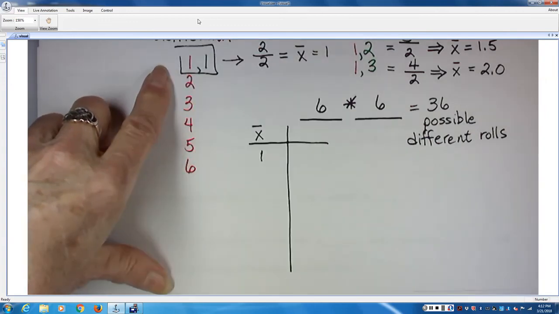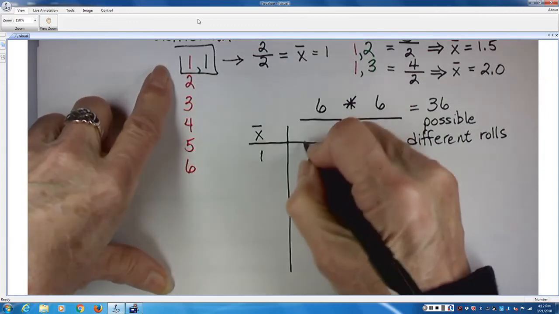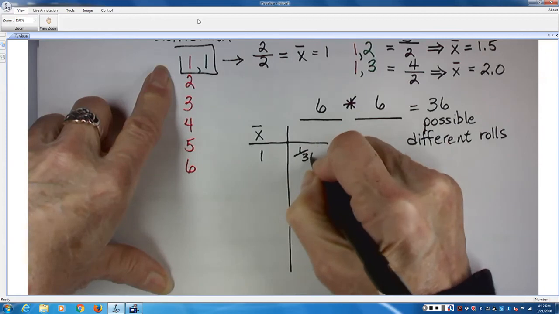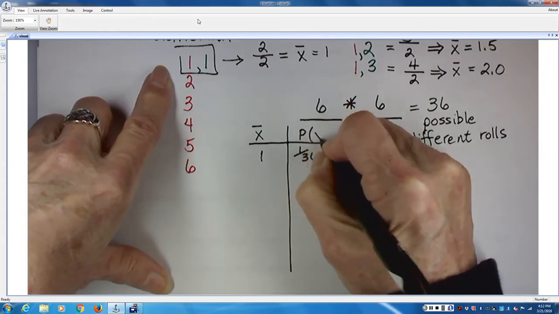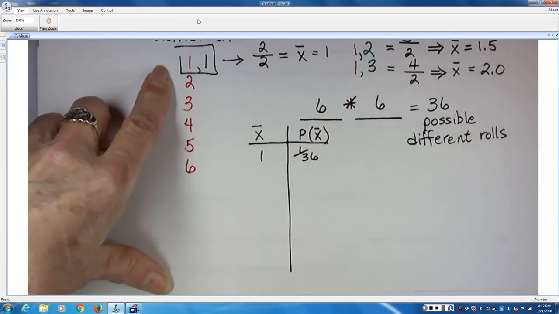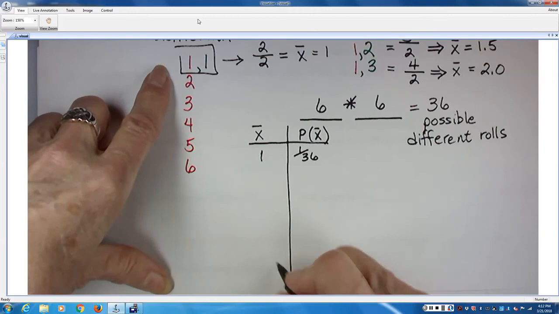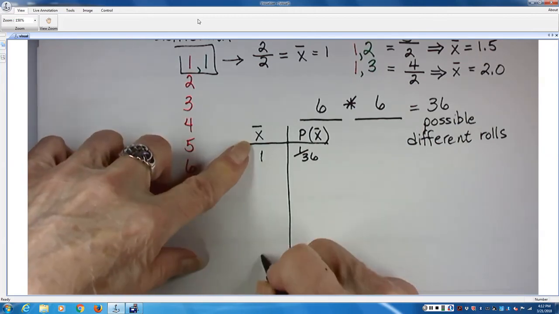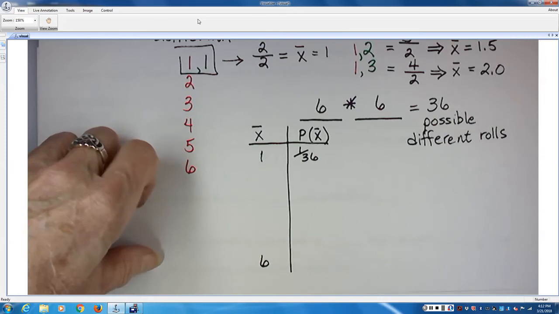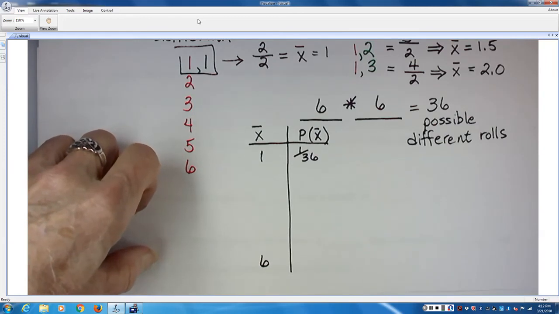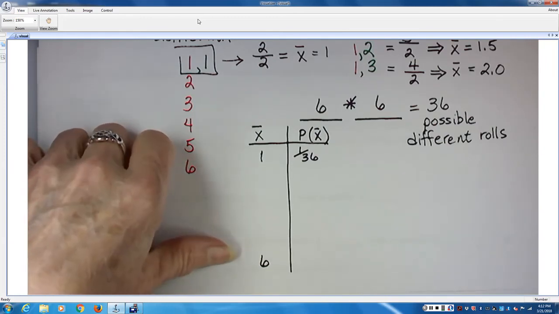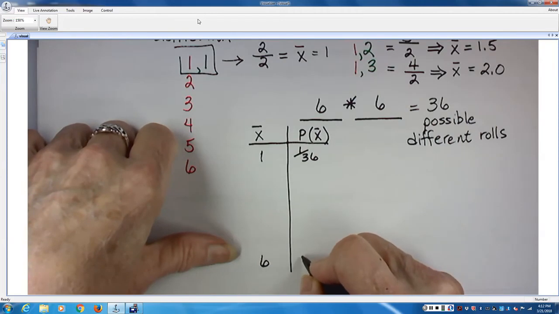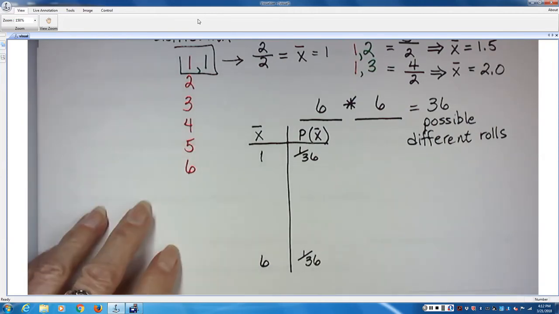And that's if I roll a pair of 1s. Okay? The highest possible mean is 6, and that only happens if I roll a pair of 6s. 6 plus 6 is 12, and that's divided by 2 would give me a mean of 6. And there's only one way for that to happen. So that's 1 out of 36.